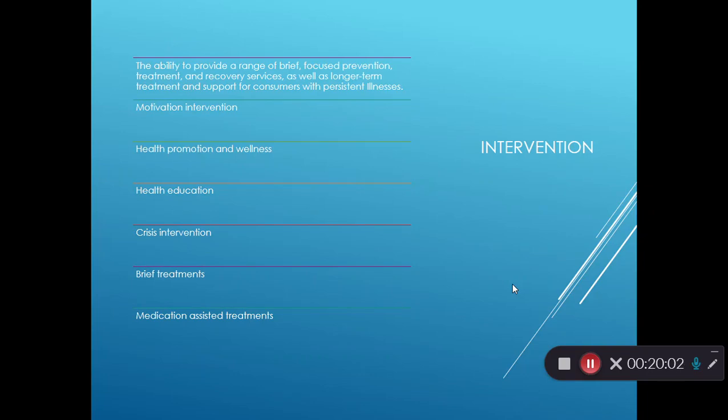Brief interventions that could be just something that you could support the community with. Then you also have maybe educational type things, or programs for medication assistant programs, which is primarily for addiction.